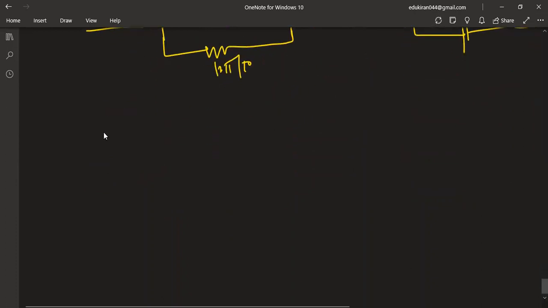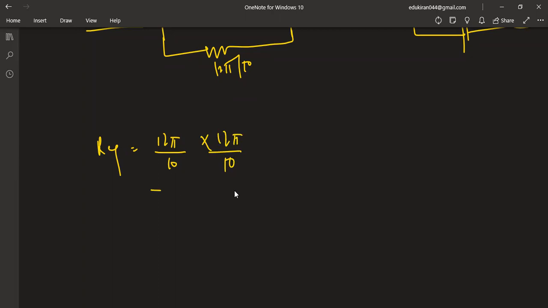Equivalent resistance will be what? See, R equivalent. Identical resistors are there, so you can divide by the number of resistors, that is 2. You can directly divide it by 2. Or you can do your proper long method, 12 pi by 10 into 12 pi by 10 divided by 12 pi by 10 plus 12 pi by 10. But this is not your board exam that you have to show your calculations.